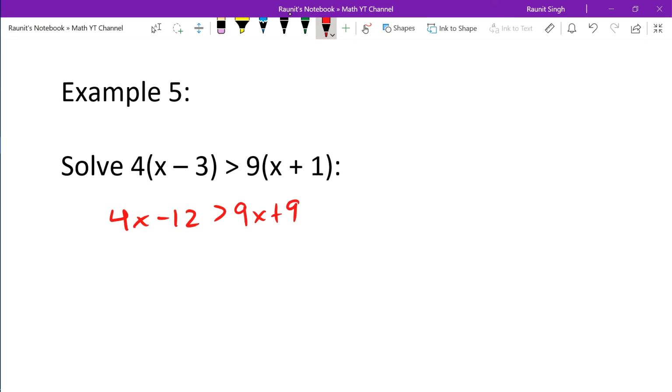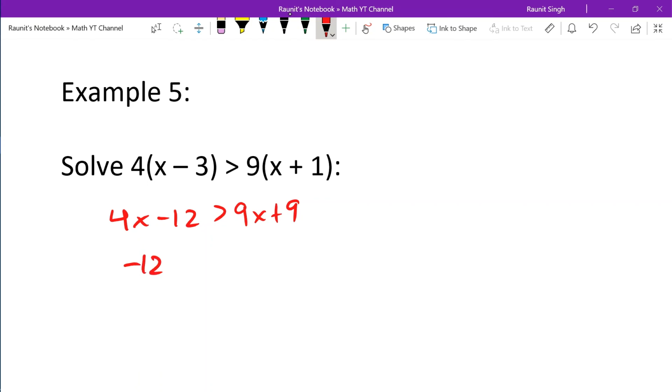And then we're going to bring the x's over to the right side because I don't want to multiply anything with a negative number. So we're going to subtract 4x from both sides and subtract 9 from both sides.